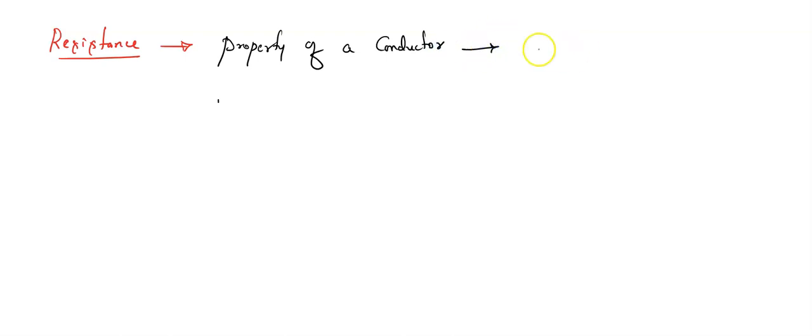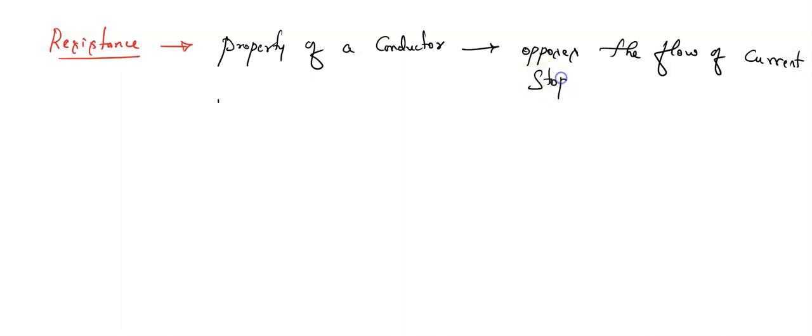It opposes the flow of current. Very important, remember this. It means it is going to stop the current; it doesn't allow it. It helps to resist the current. That is called resistance.